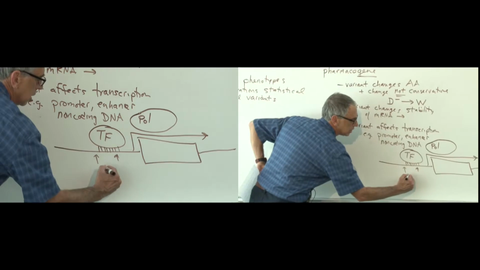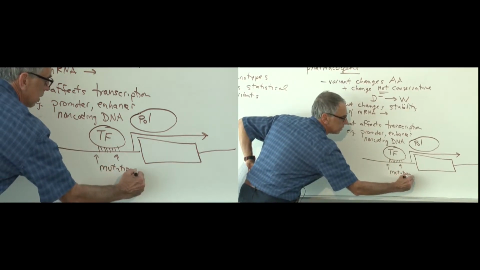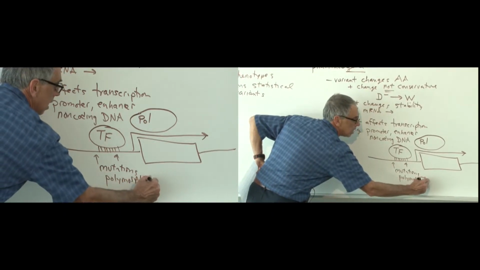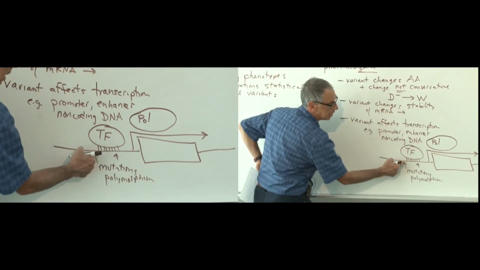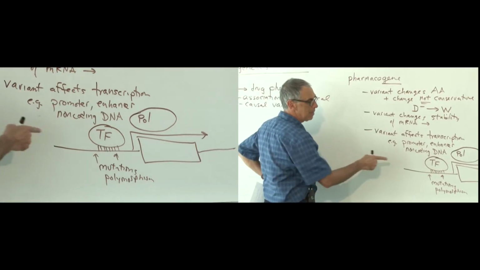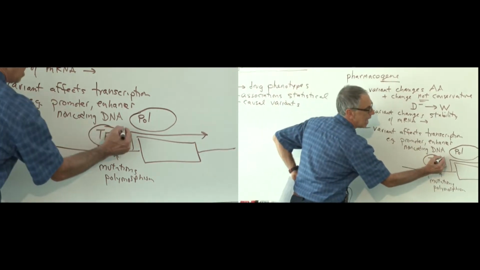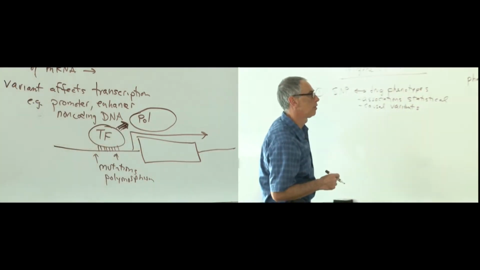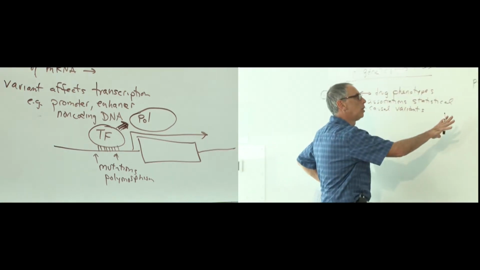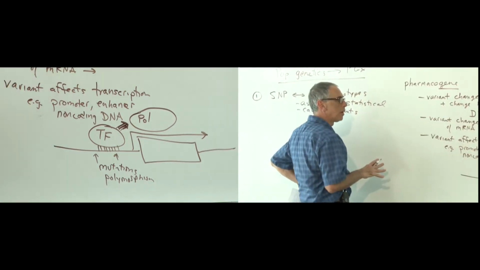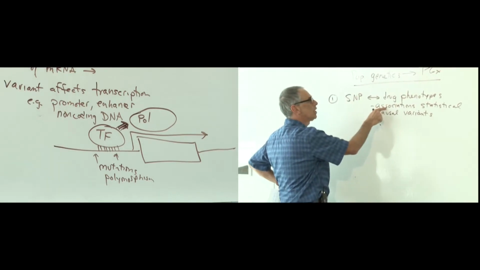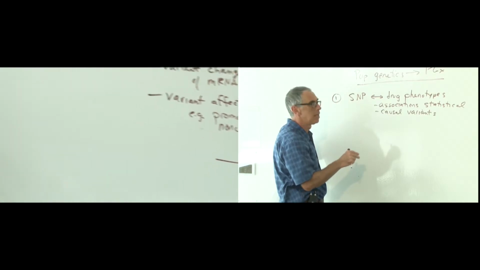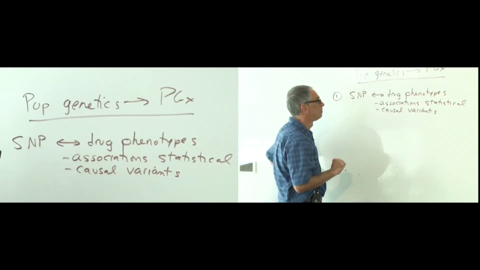If there are mutations, or polymorphisms is really the right word to use, in the TF binding section of DNA, it may bind more or less tightly, and that may change its ability to influence the polymerase to start transcribing. So these are the typical causal stories that make an association into a story. But none of this can typically be done purely computationally. This normally has to be done with experiments.